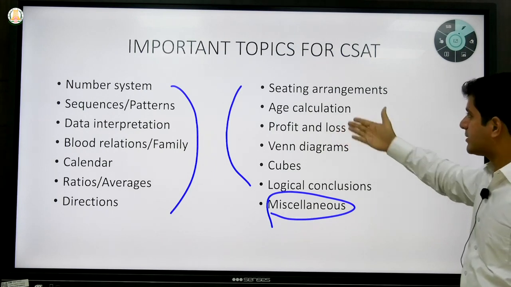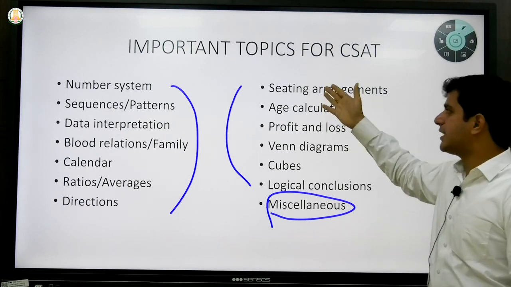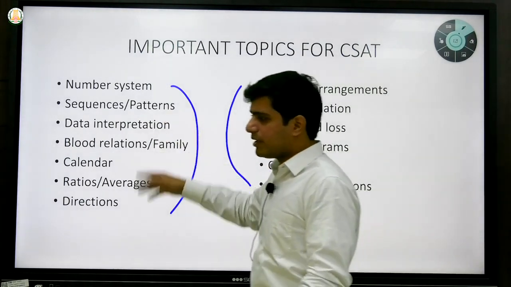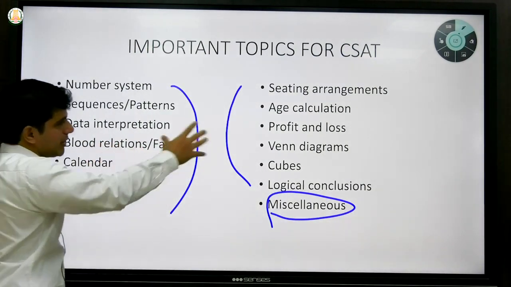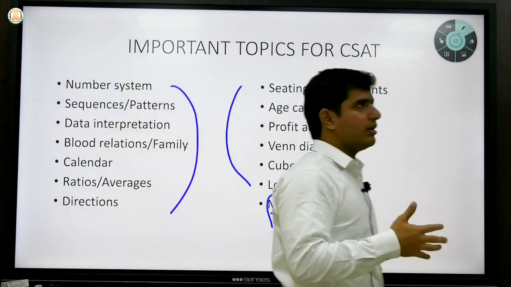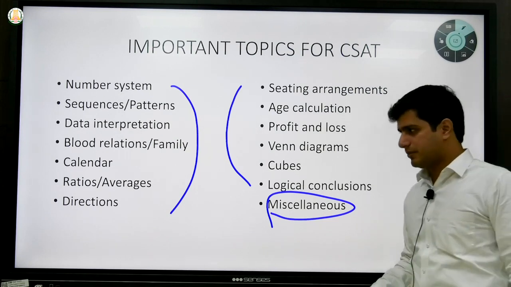This is basic mathematics. Age calculation is basic addition and subtraction only. Seating arrangement is basic pattern identification. So all these have some kind of logical approach. The only thing is we have categorized them based on some conditions. And miscellaneous also will have different types, but you can again solve them with basic logic and basic mathematics.